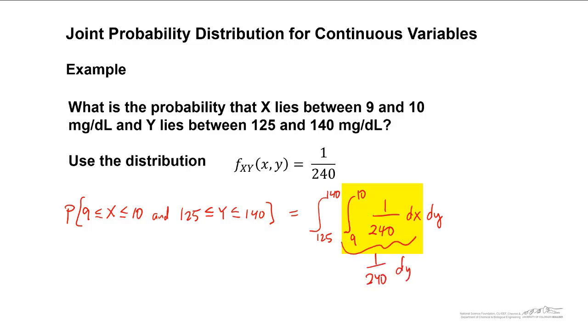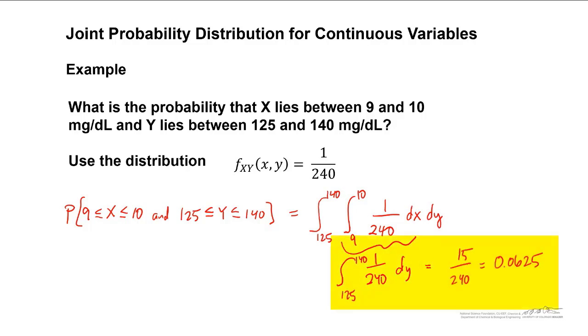So then we're going to have the integral of y from 125 to 140, and that's 15 over 240, or 0.0625. That means that if we randomly selected somebody based upon this joint probability density function, there'd be a 6.25% chance that their calcium level would be between 9 and 10, and their cholesterol level would lie between 125 and 140.